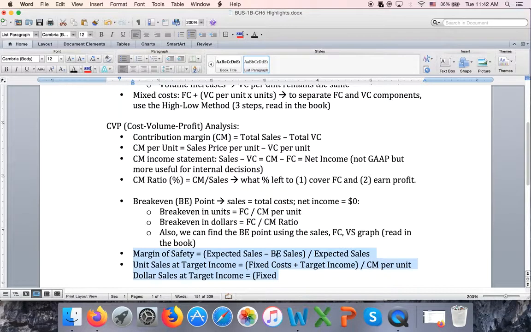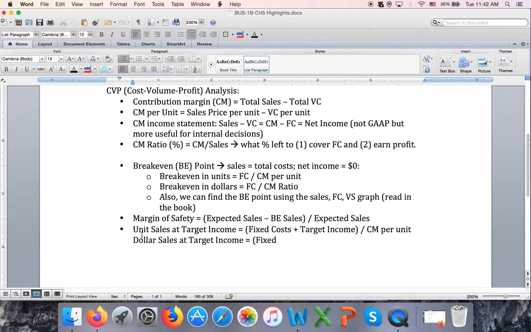So there is a bunch of other formulas. There is margin of safety. This is the formula. There is unit sales at target income. If I want to make some specific amount of profit, how many units should I sell? You take fixed costs plus the desired target income and divide it by contribution margin per unit.